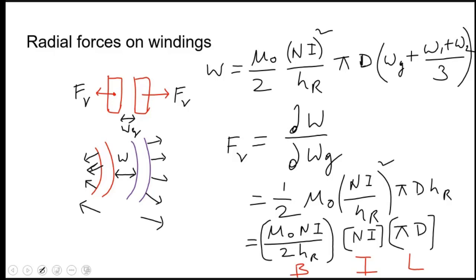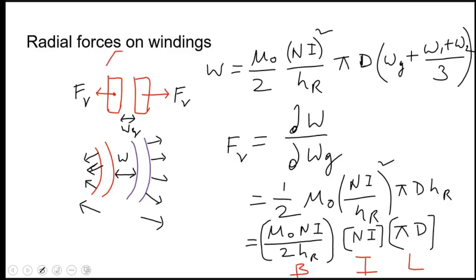So you can see the similarity. If you go by individual turns, we can correlate BIL to this radial force, because this is also magnetic force. Therefore, it should have matching dimensions. Where B is the mean flux density, you can say. Whatever B we get using this formula can be called the mean flux density. There is a factor 2 actually. That 2 appears because of the trapezoidal nature of the MMF.